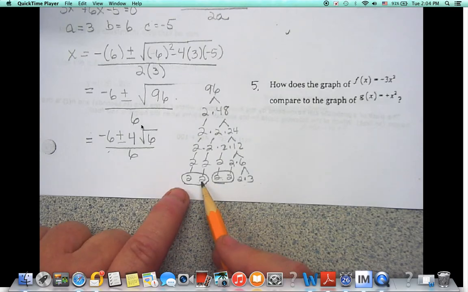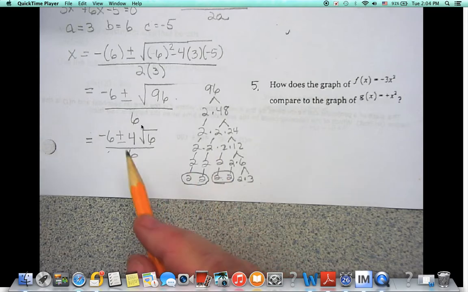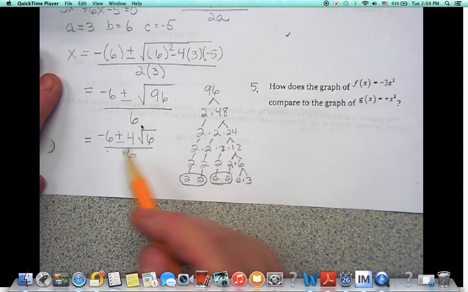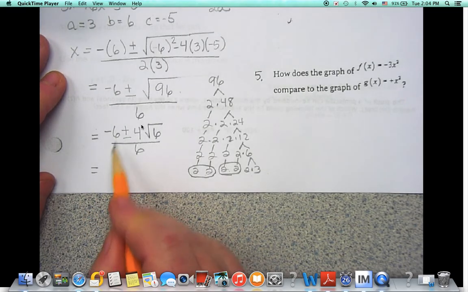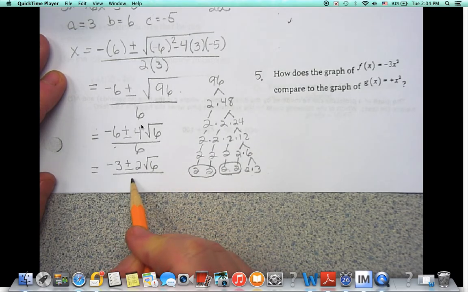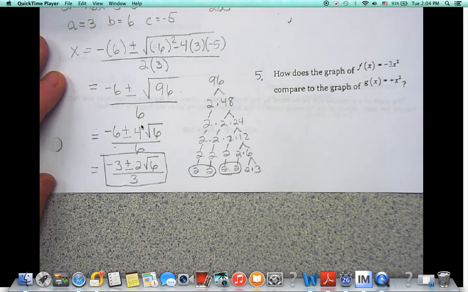Remember, partners get to leave the party, and people without partners have to stay inside. Everything's divisible by 2, so we divide 6 by 2, we get plus or minus square root of 6 over 3. So that's your answer. That's what it means by simplified form.